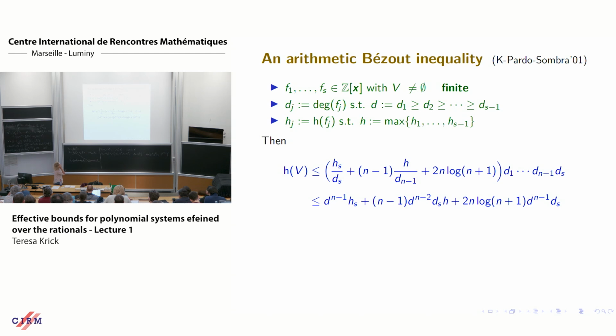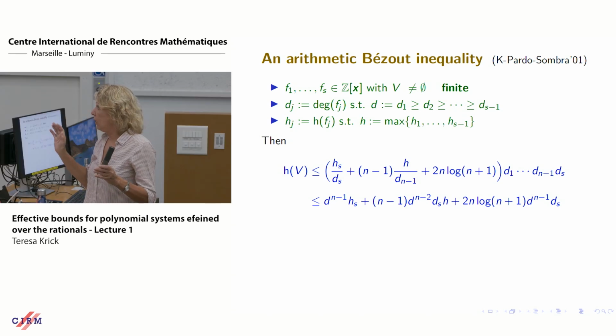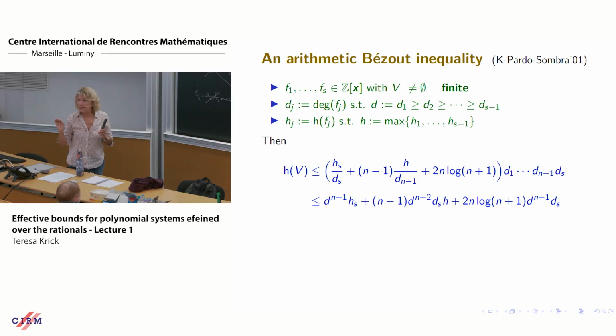Again, no genericities at all. So we have s polynomials that define a zero-dimensional ideal, a zero-dimensional variety, a finite number of points. Here, all polynomials are in Z[X], and all of them have their degree and their own height.